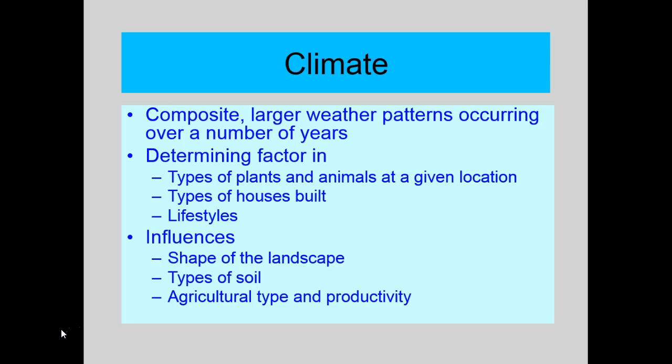Climate is a composite, larger weather patterns occurring over numbers of years, as in decades, centuries, millennia, okay, numbers of years. Climate is a determining factor in a lot of different things, and therefore when we're talking about, and there is a fair amount of talk about climate change, okay?